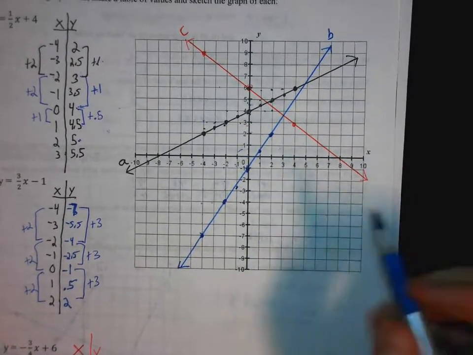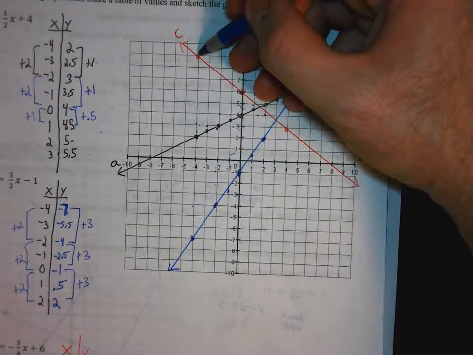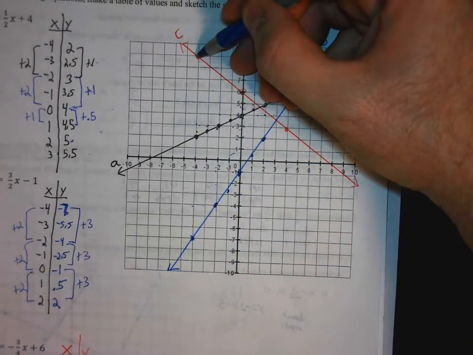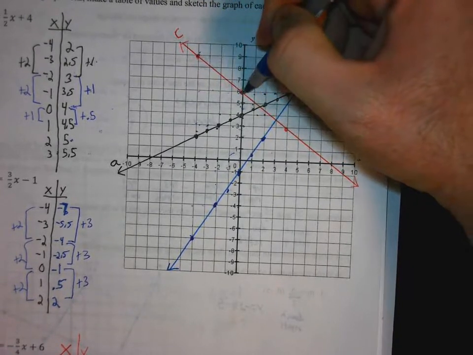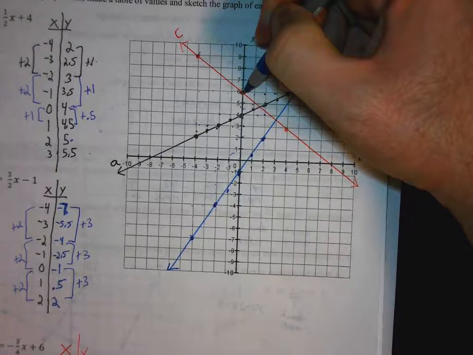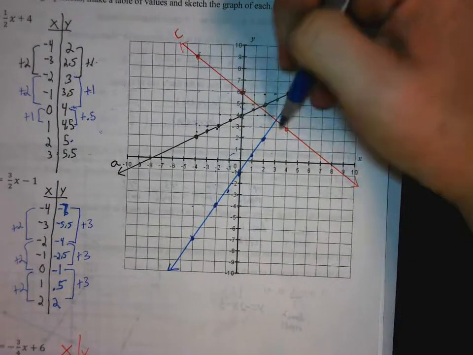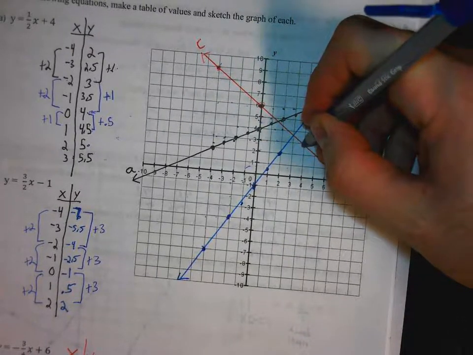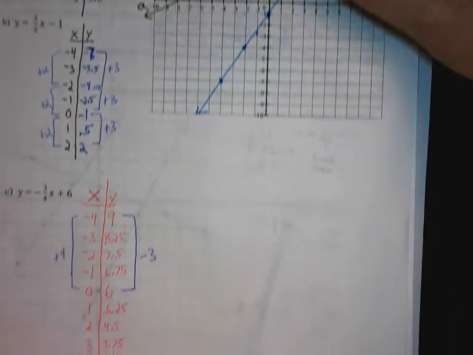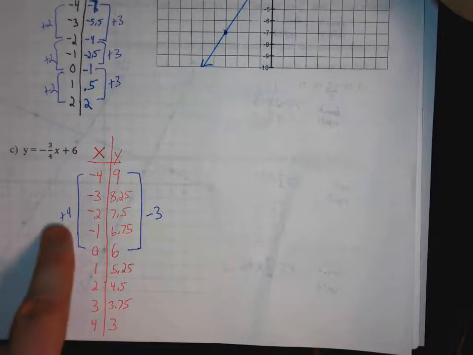So if we start at the point -4, 9, that's this point up here, if we take away 3 from the y, we go down 3, and then add 4 to the x, we go to the right 4. And we can do that again, down 3 to the right 4. It gives us that next nice point on our grid right here at 4, 3. So we go down 3, to the right 4.